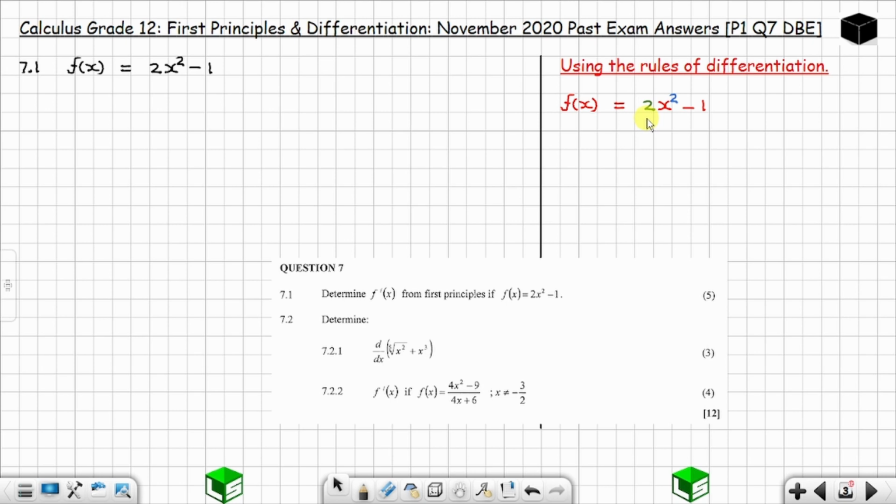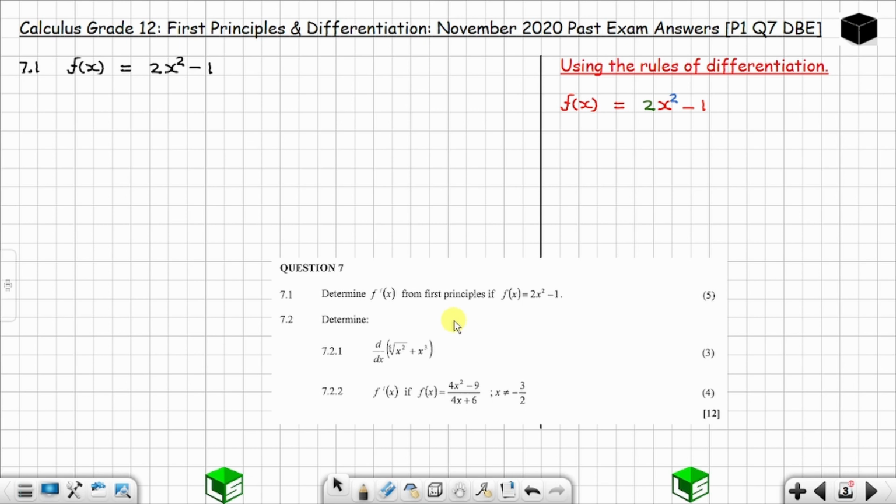I'm using the rules of differentiation, but the question is not asking me to use them. The question is asking you to use what? The first principles. I'm using the rules of differentiation just to check what my answer will be in the end if I use the first principles. They are quicker and simpler to use. This is just a bonus tip.